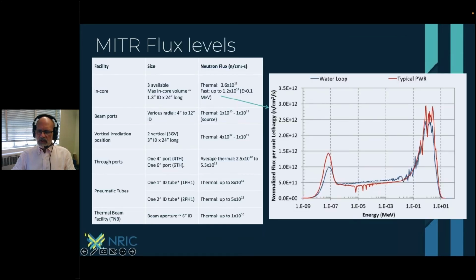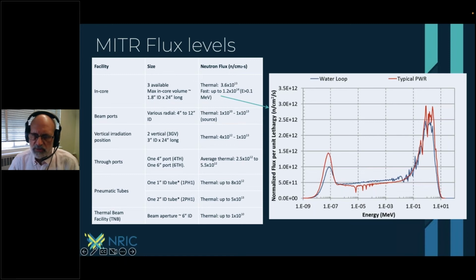So this is just to emphasize this idea that our flux and spectrum is pretty similar to a light water power reactor. You see on the right a quick graph of what our spectrum looks like compared to a PWR. So we're a little bit harder.